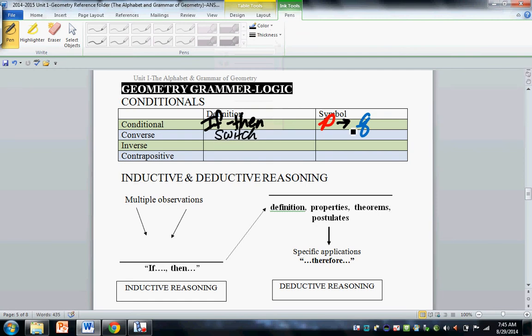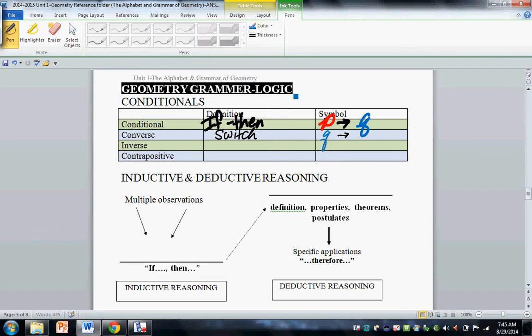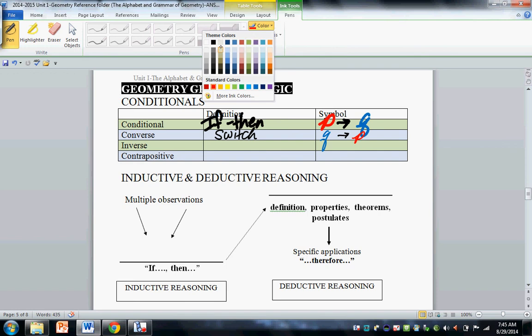Inverse, you switch that order. So that's going to be if Q, then P. That's converse, you switch.